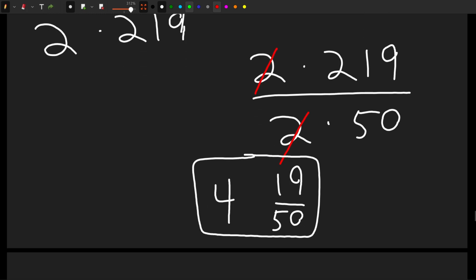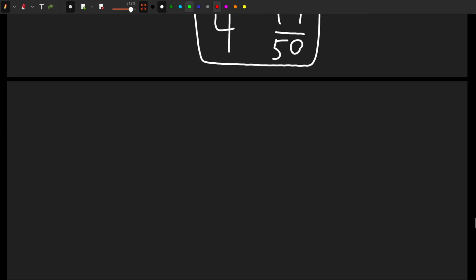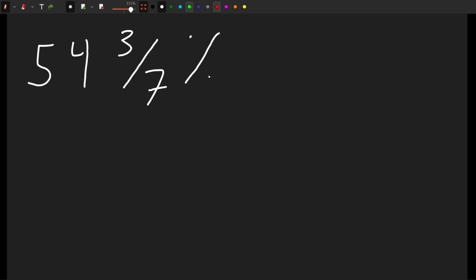Alright, we'll do one last problem, and then that'll be it for this video. We will do 54 and 3/7 of a percent. Okay, so for this, before we can multiply by 1 over 100, we need to take 54 and 3/7 and convert it to an improper fraction.